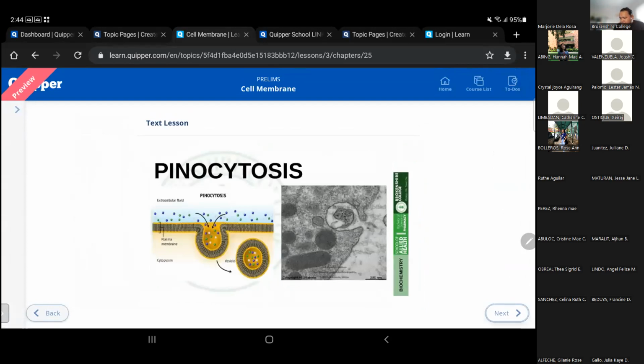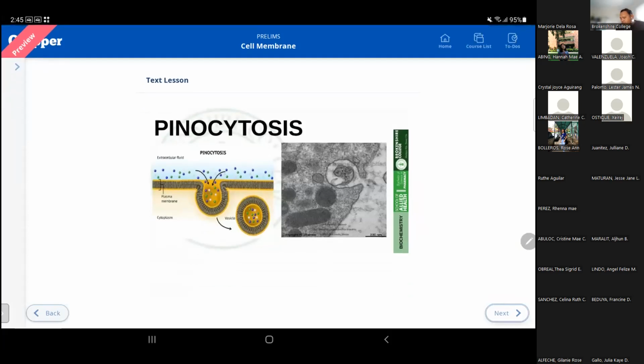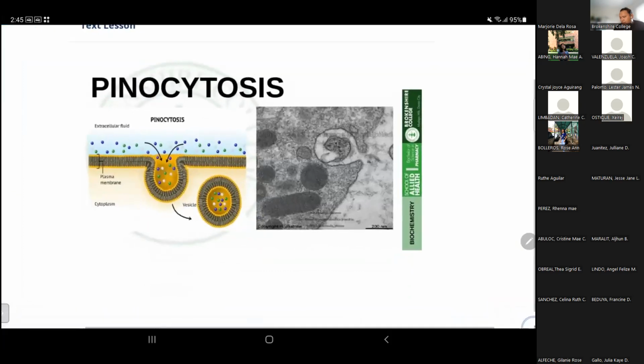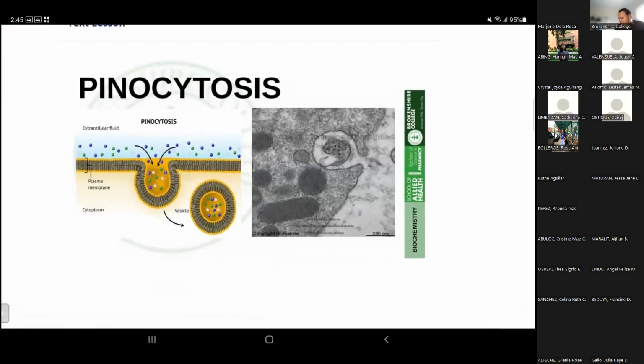So again, solutes or molecules suspended in the liquid, particularly liquid of the extracellular fluid. So there is invagination, and then again, the membrane becomes part of the covering, or shall we say the membrane of the vesicle, no? Nagiging component siya as it moves inside the cell.